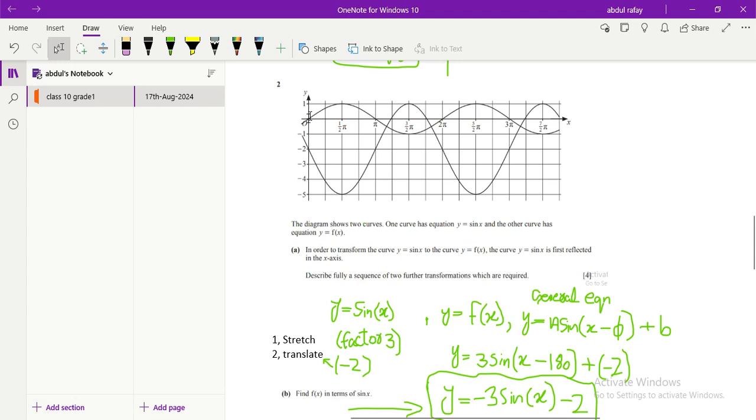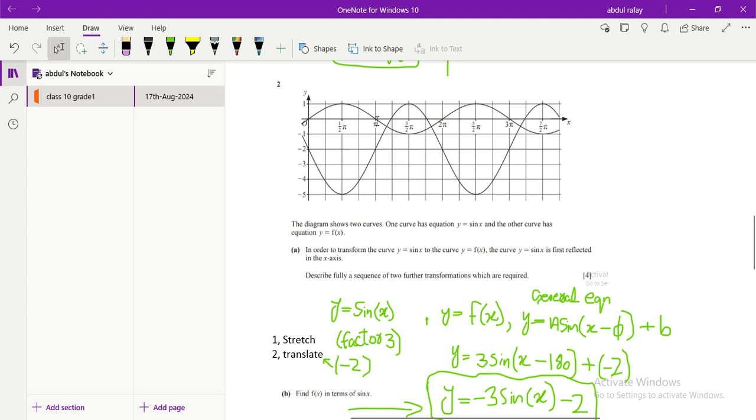Why -2? Because if you shift this curve by -2, you will get this curve in this way. One more interesting thing here is the phase shift. The sine curve starts from the origin and goes in the positive y direction, but this curve starts from -2 and goes downward.